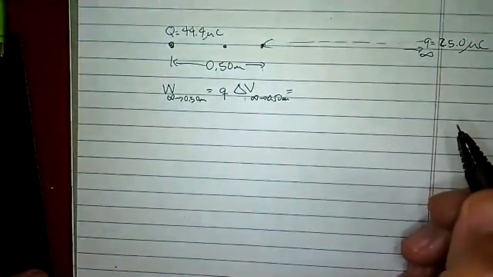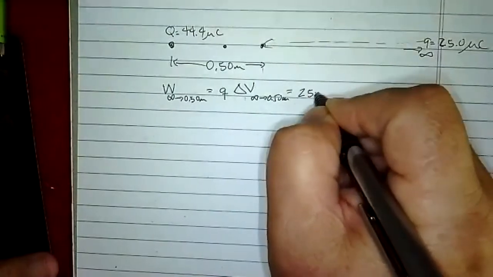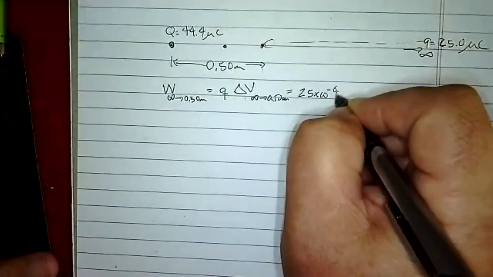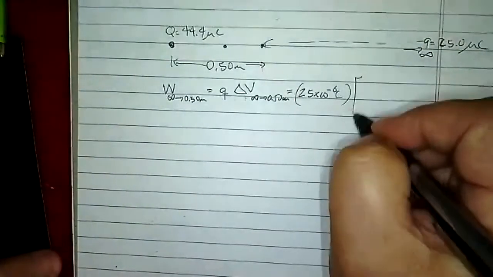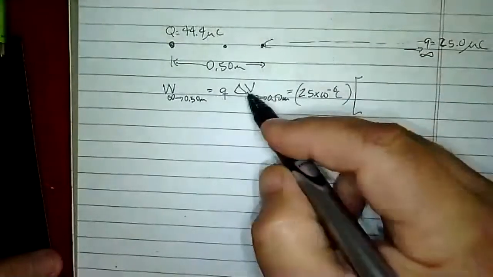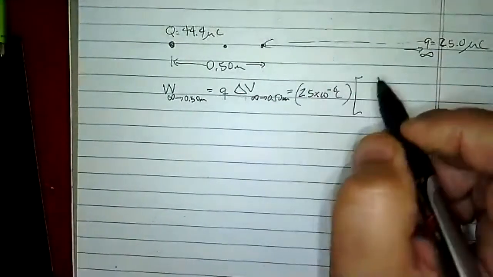So if I want to do this calculation, this is 25 times 10 to the negative 6 coulombs. That's that charge right there. And then the voltage, you're supposed to always do change as final minus initial.